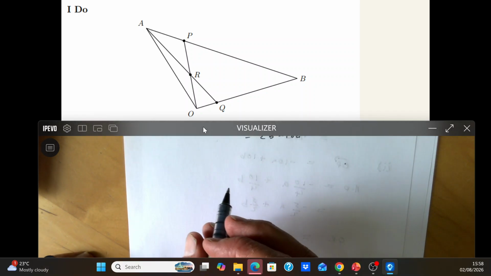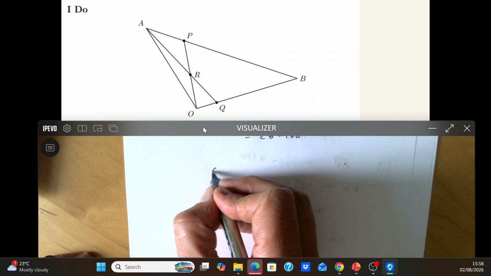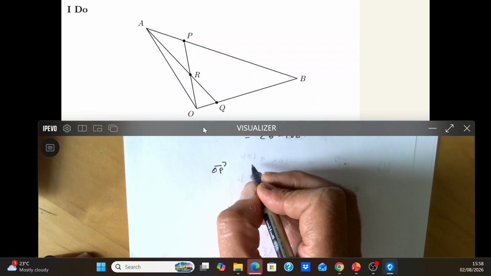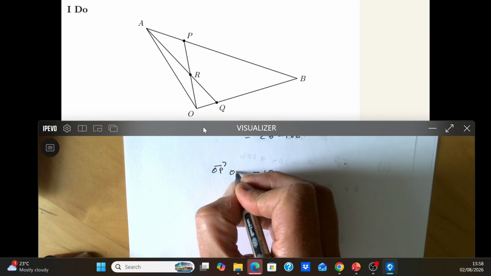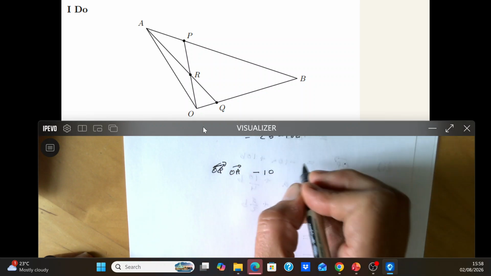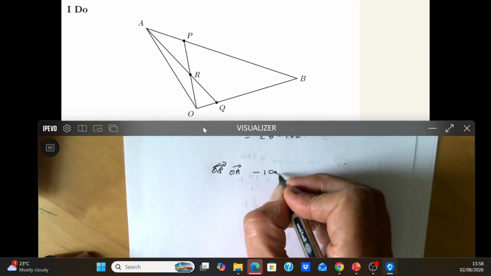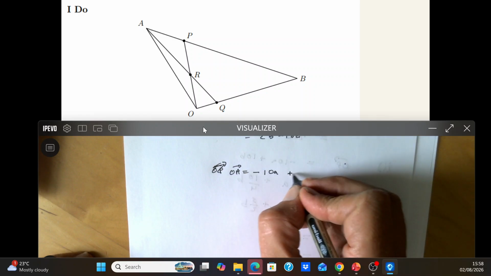Now part ii is to find OP. To find OP, you need to find OA first. OA is 10a, and AB is minus 10a plus 10b.